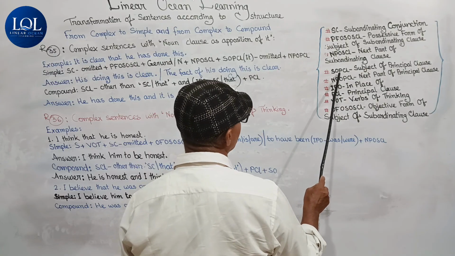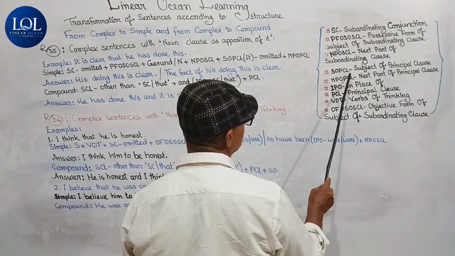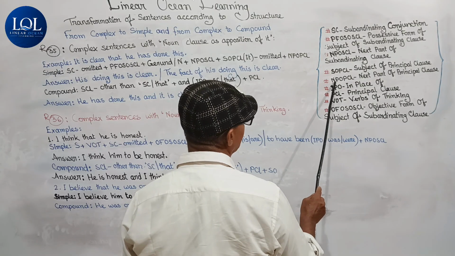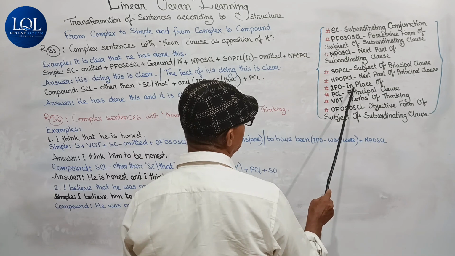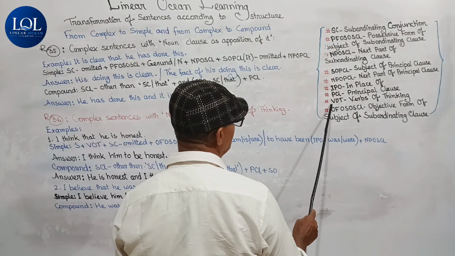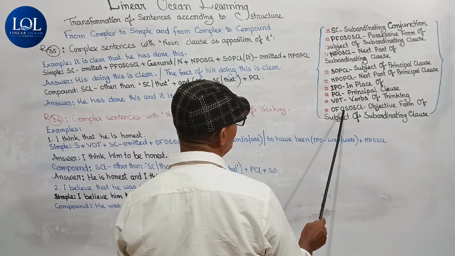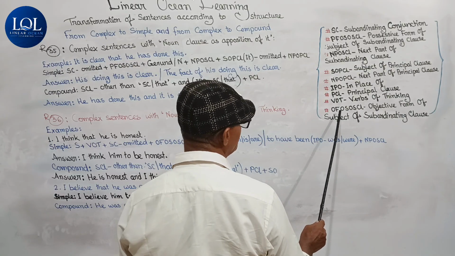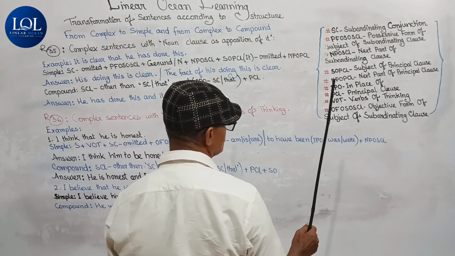Then SOPCl means subject of principal clause. NPOPCl means next part of principal clause. IPO means in place of, PCl means principal clause. VOT means verbs of thinking. OFOSOSCl means objective form of subject of subordinating clause.